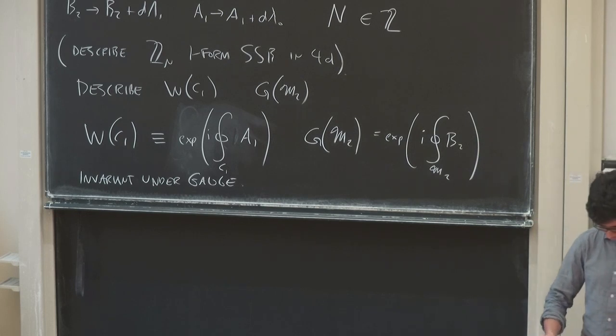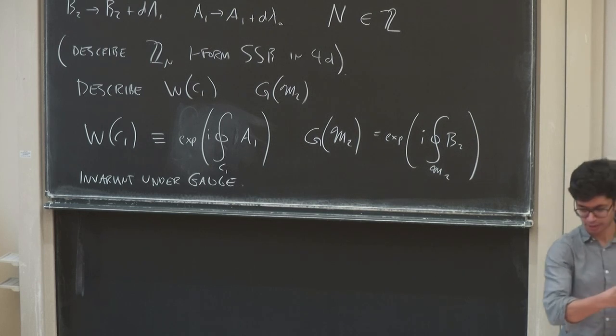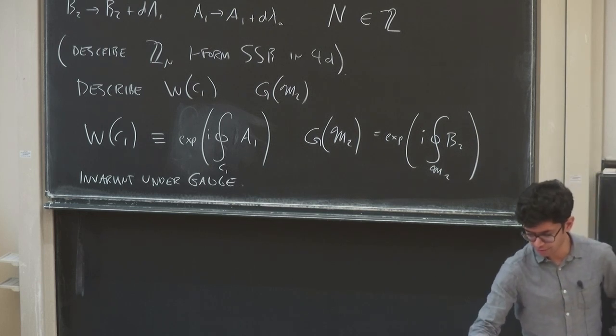All right, so now I'm going to tell you what the point of this is. If you recall, the point of these objects is that W and G are meant to have a non-trivial linking in space-time, because that's the point of the one-form symmetry.